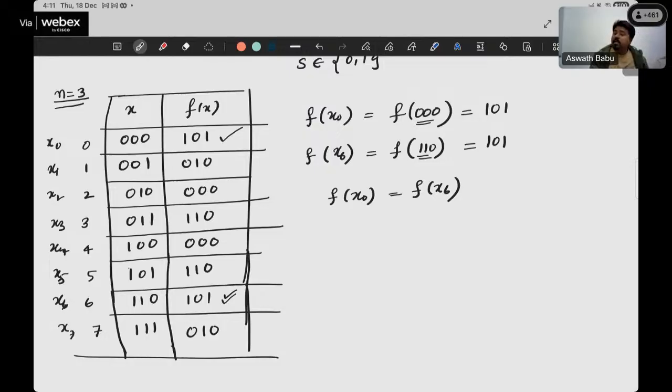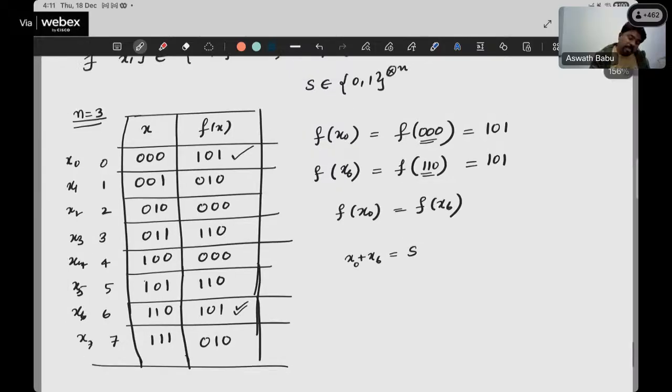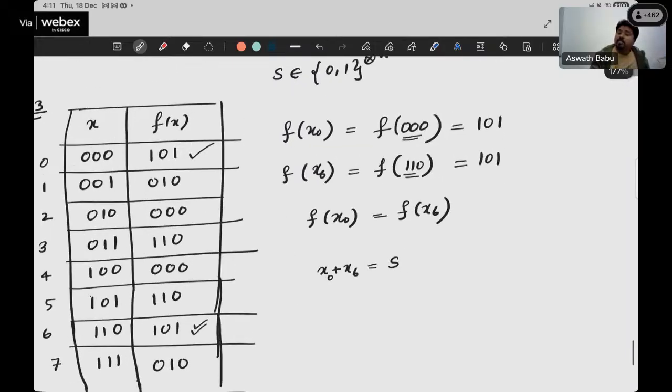What is s? s has a form where x0 plus x6 is s. So in this particular case, s is 110. If I add s to x0, it is going to give me x6.